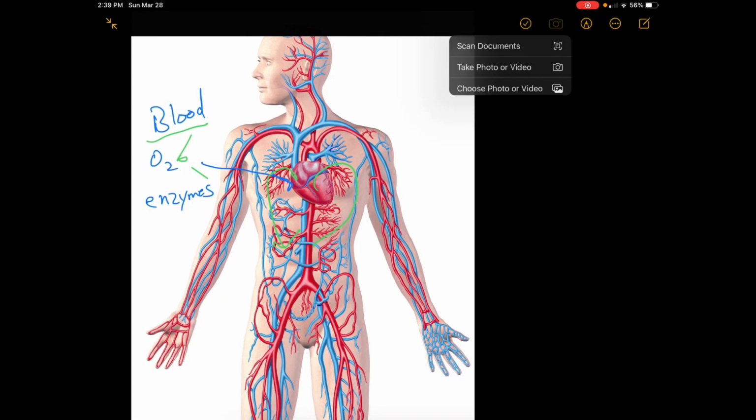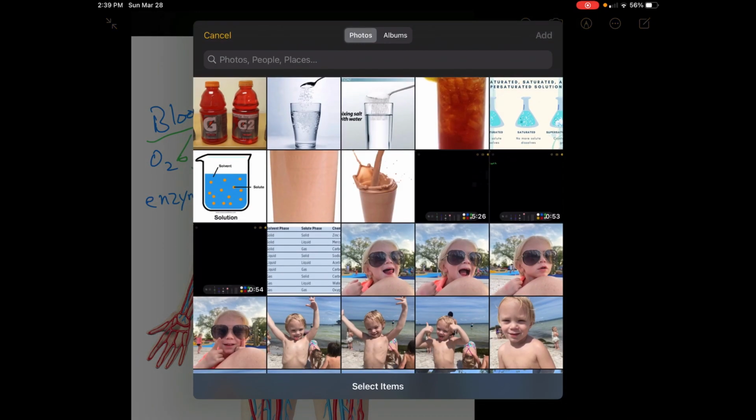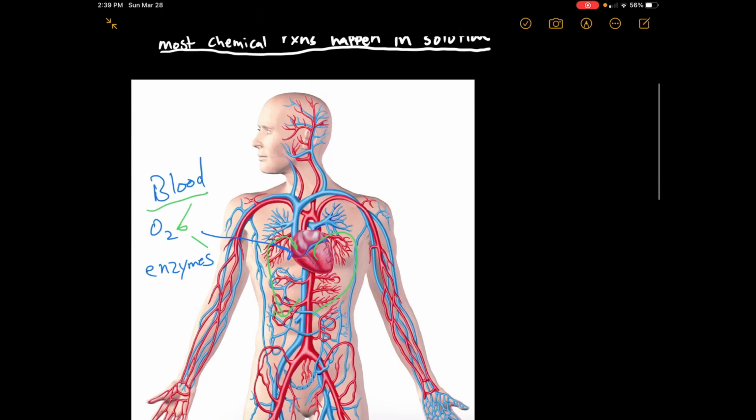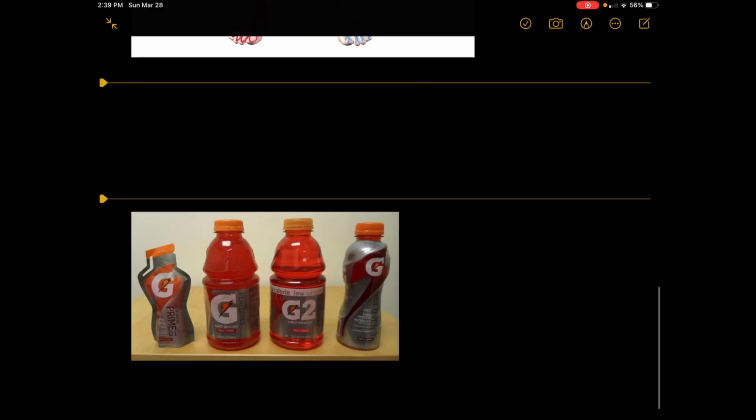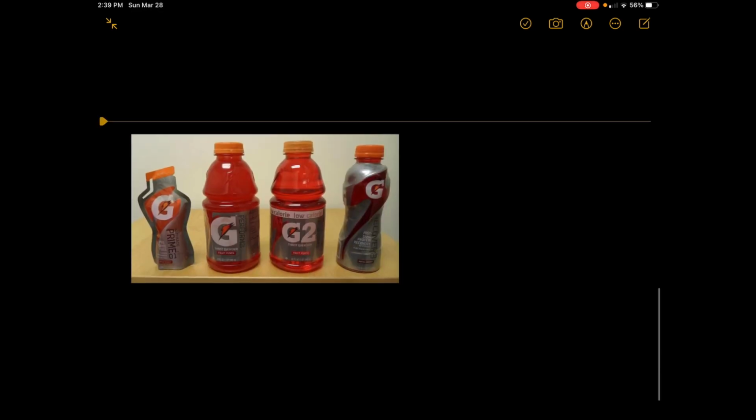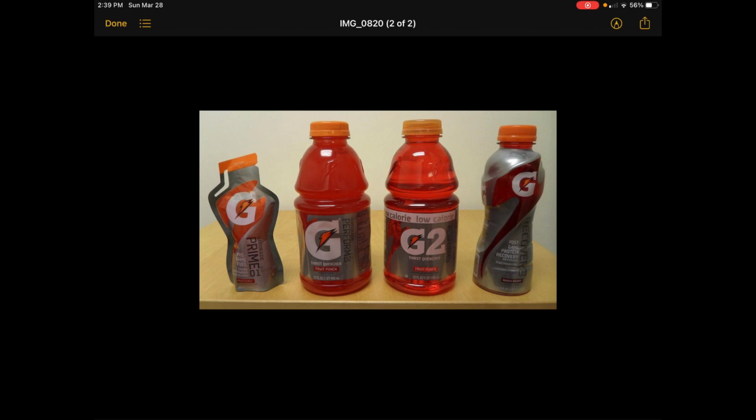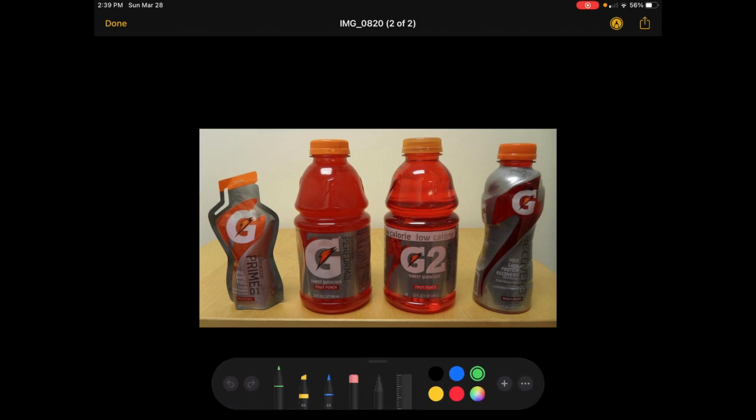Let's look at a few more solutions. Another solution is going to be Gatorade. Gatorade is made up of a few things as well. Two or more substances make Gatorade up. It's made up of sugars and water, and food coloring.